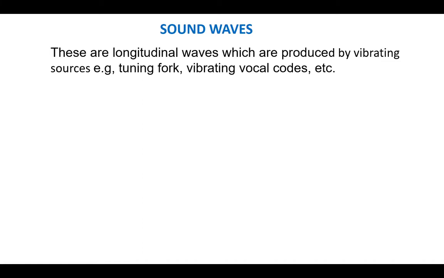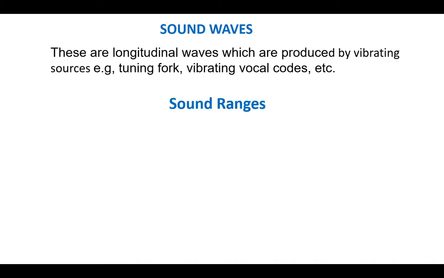If you see any alarm producing sound, just know there's something vibrating in the alarm. So that is what we mean when we talk about sound: a longitudinal wave produced by a vibrating source. Examples of sources that can produce sound are a tuning fork and vibrating vocal cords.